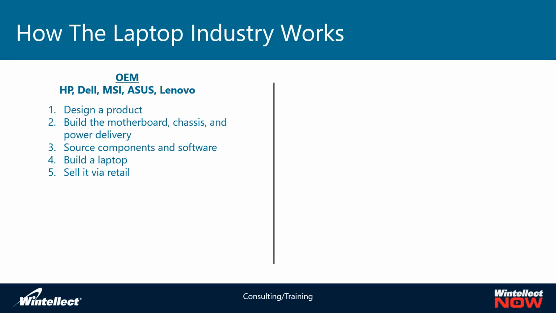Now, a smaller niche market is what we call ODM, or original design manufacturer. One of the more prevalent manufacturers in this category would be a company called Clevo. I really didn't even know who this company was until I started digging into how some manufacturers did laptops.